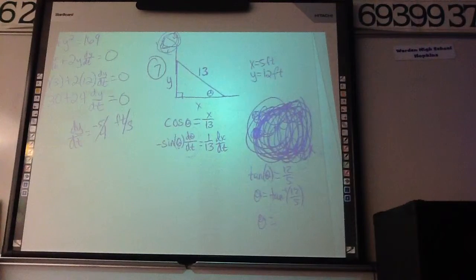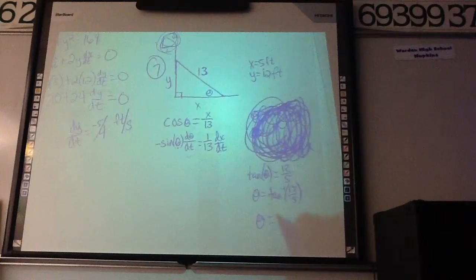Are you supposed to round it or what? You have to. So 1.18, is that what we got?